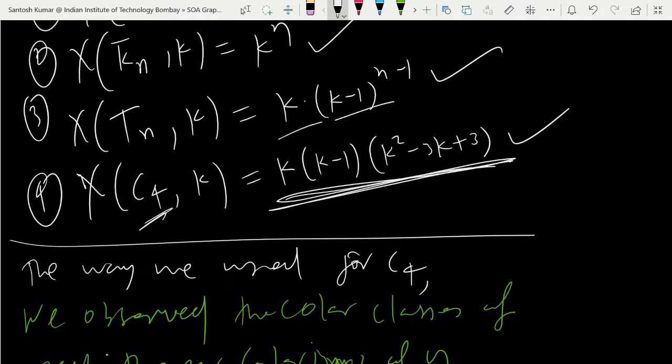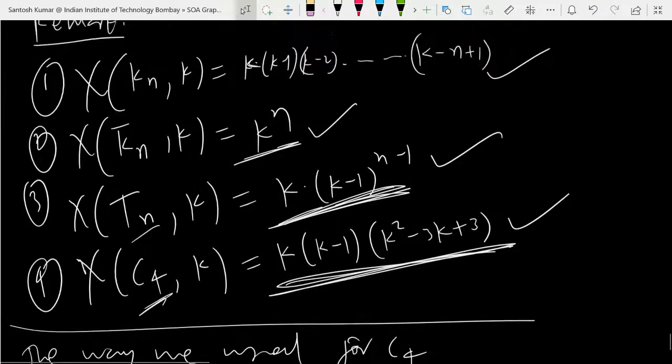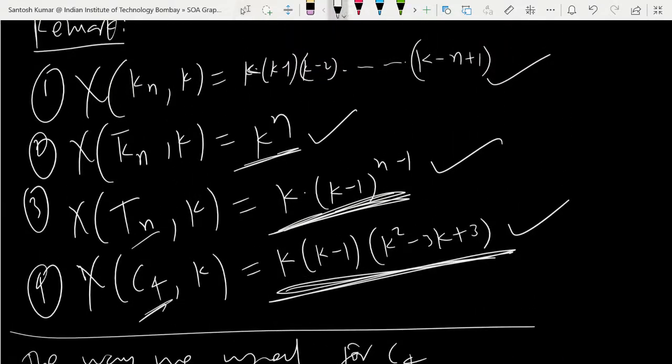Again, you can notice here also, this is a polynomial of degree n because Tn has n vertices. The complement of Kn has n vertices. Again, this is a polynomial in k having degree n because Kn has n vertices.